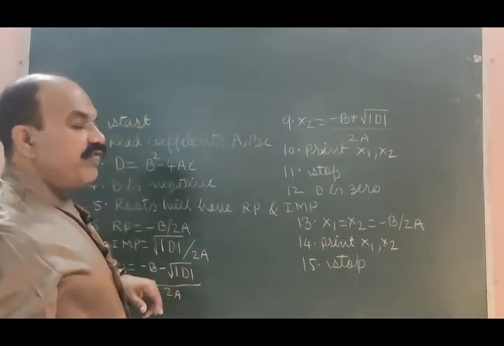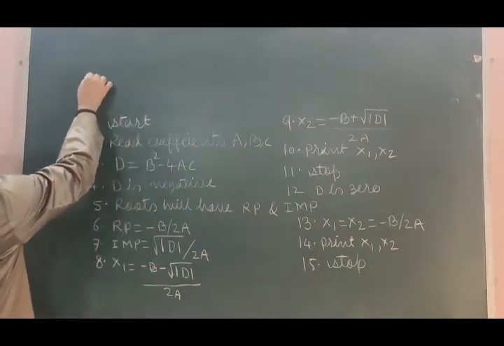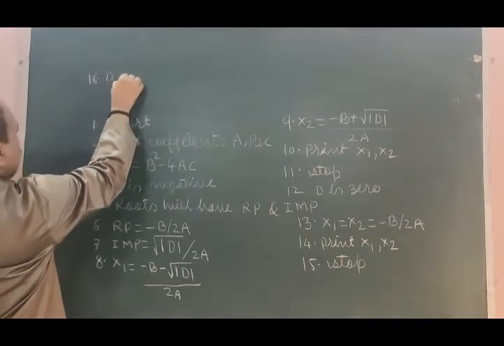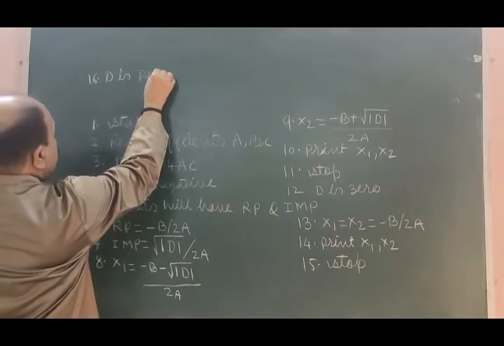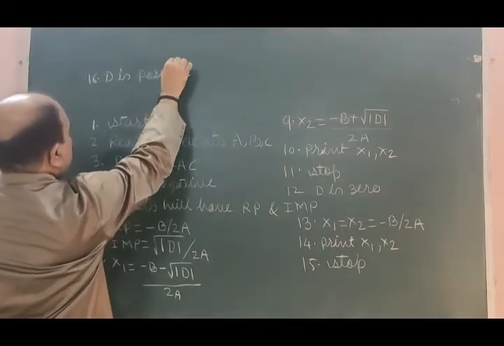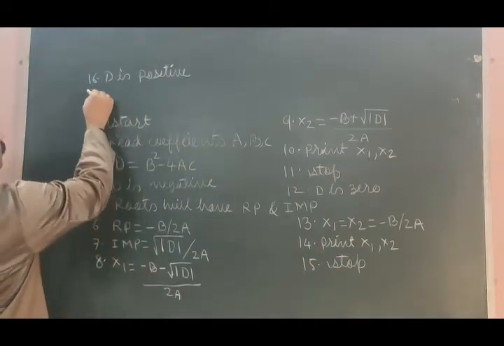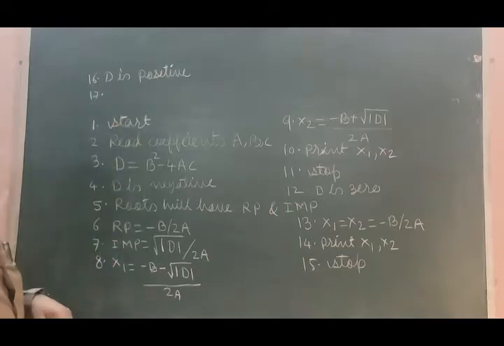Now let me go for the third possibility, that is number 16. D is positive. If D is positive, then how will be the roots?